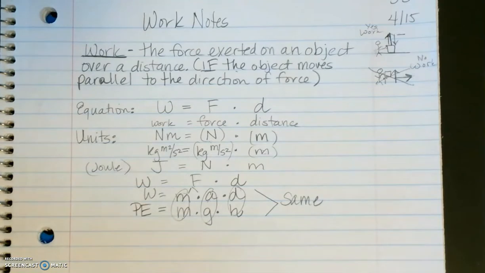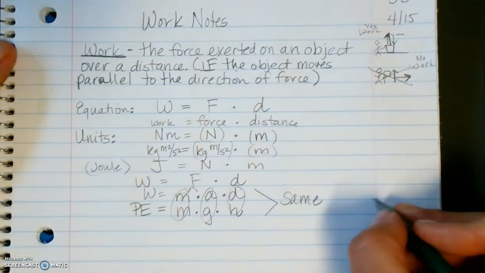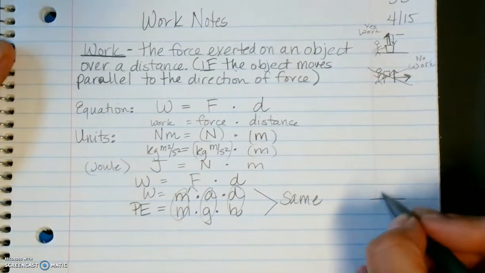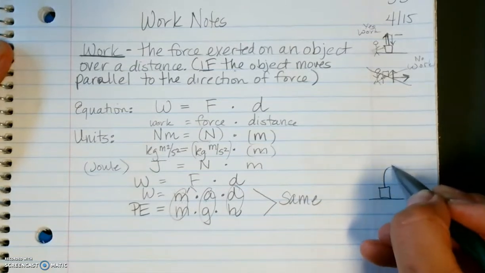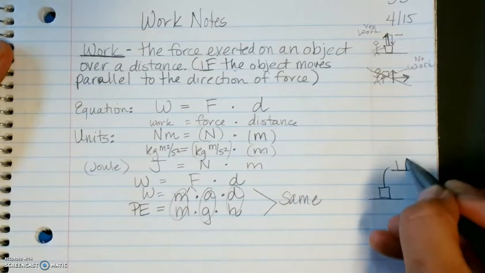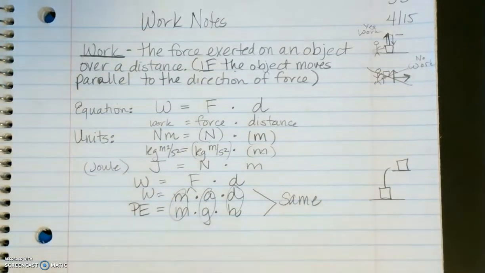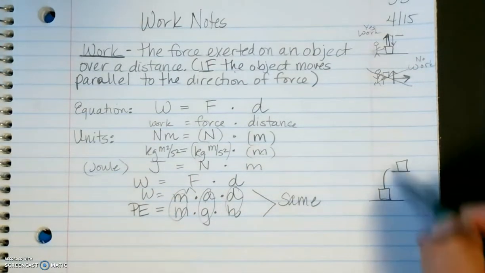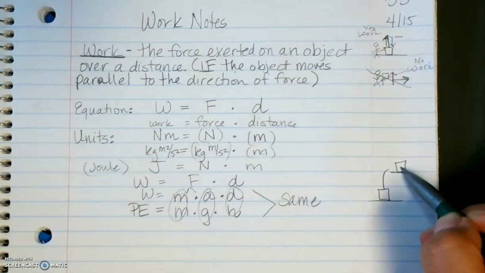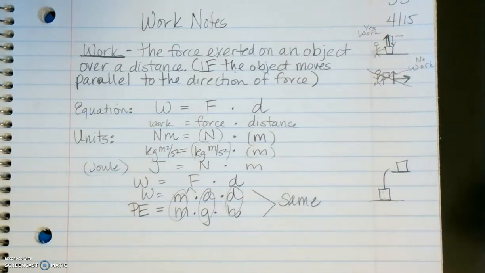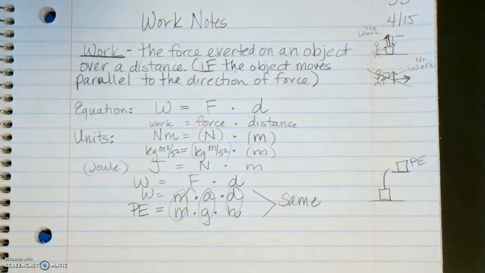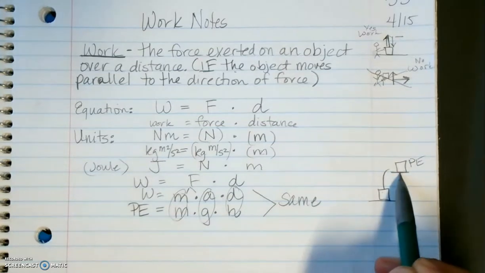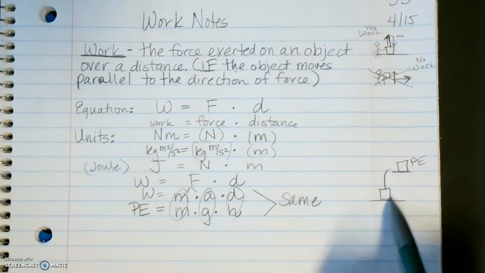So let's talk about how, again, in our little example up here, a person lifts up the box. I'm not going to draw a person again, but they're going to lift up the box and put this box on a shelf. So we know they did work, right? They did work by moving the box a distance using a force. Now it's sitting on the shelf. What does it suddenly have? It's going to have potential energy on this shelf because it has a mass, gravity is affecting it, and it's just moved a height or a distance.